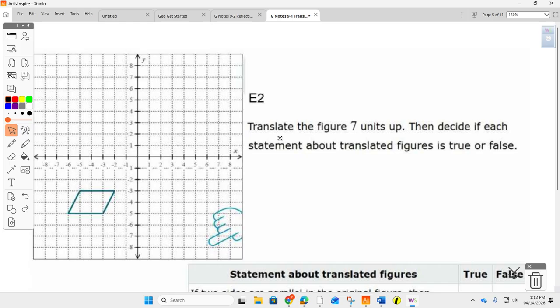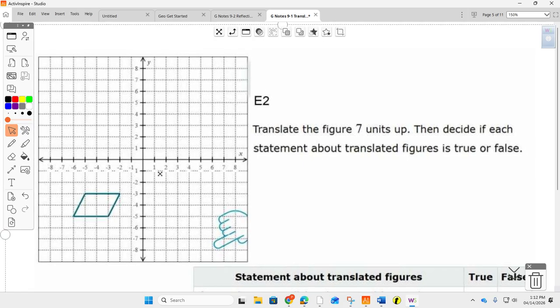All right. Translate the figure up 7 units and decide if each statement about translated figures is true or false. So you're going to be able to just grab that with a hand and drag it up. I can't do that, but I can quickly translate it up 7 units.